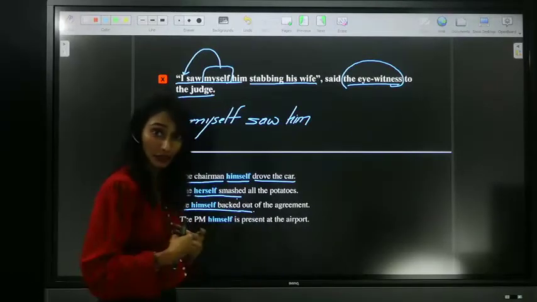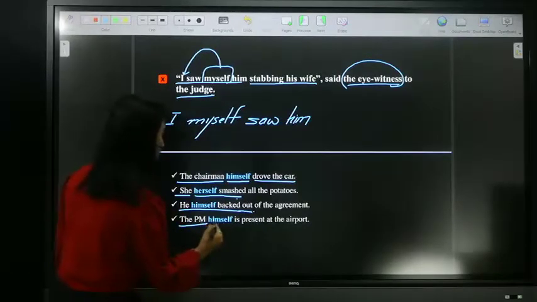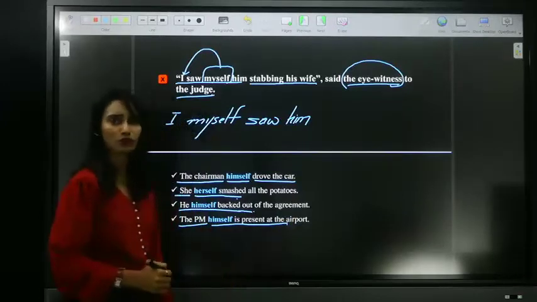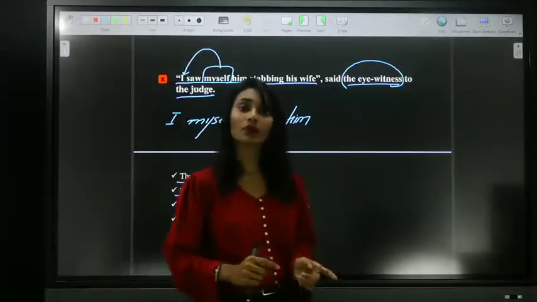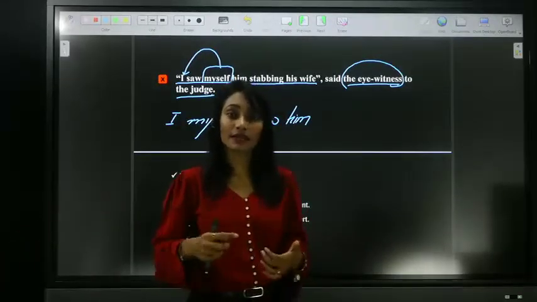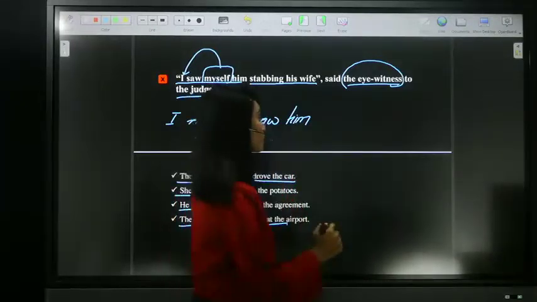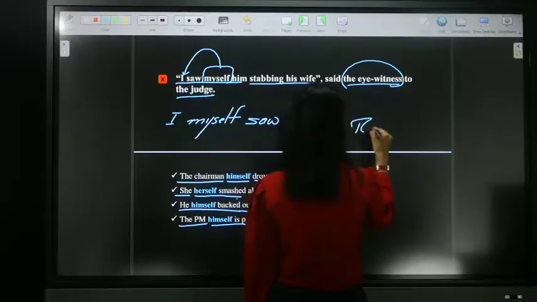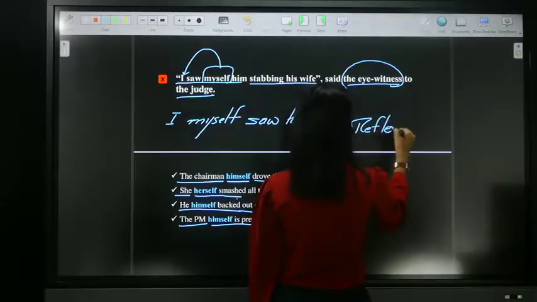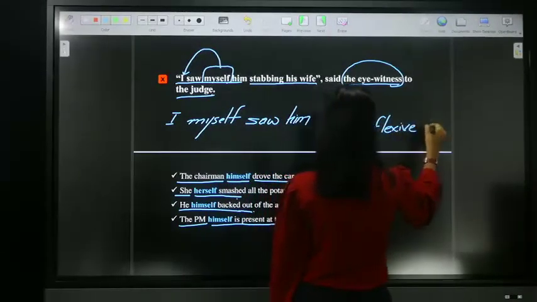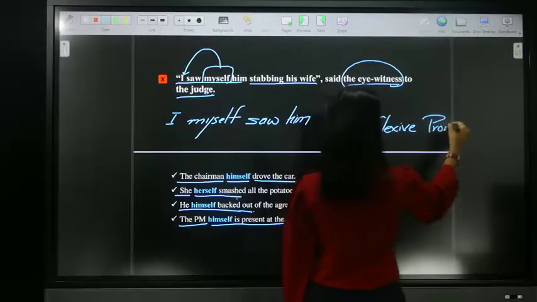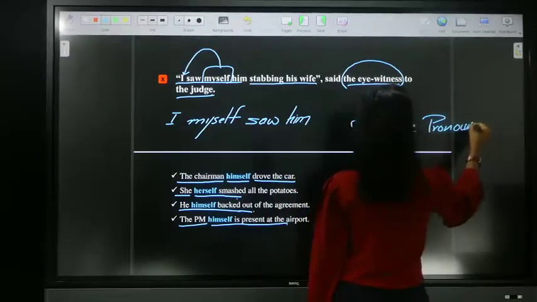He himself did it. The PM himself is present at the airport. No one escorted him, no one asked him to come. He himself is present. See, guys, remember emphatic pronouns and reflexive pronouns both have the same structure.